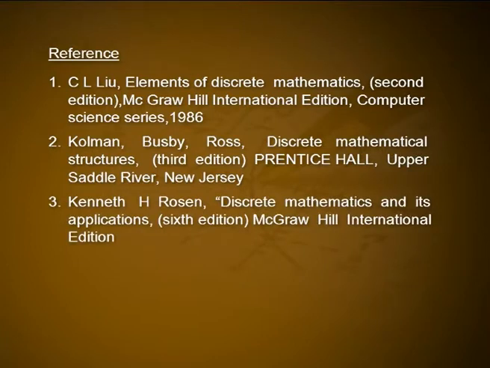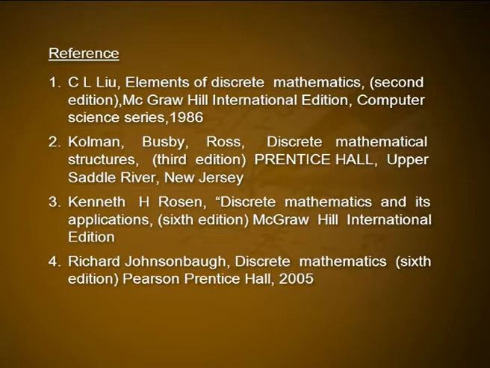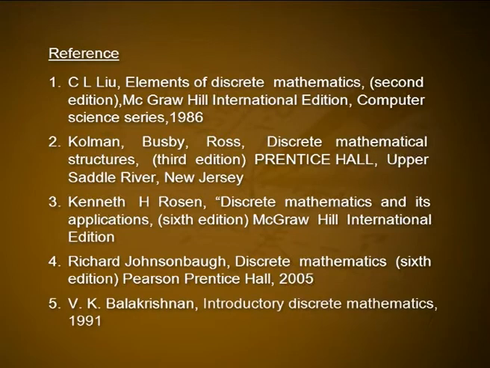Third one is Discrete Mathematics and its Applications, 6th edition, by Kenneth H. Rosen, McGraw-Hill International Edition. Fourth one, Discrete Mathematics, 6th edition, by Richard Johnsonbaugh, Pearson Prentice Hall, 2005. And last one is Introductory Discrete Mathematics by V.K. Balakrishnan, 1991.